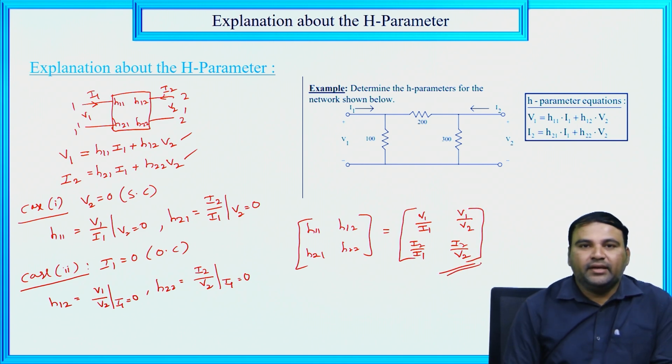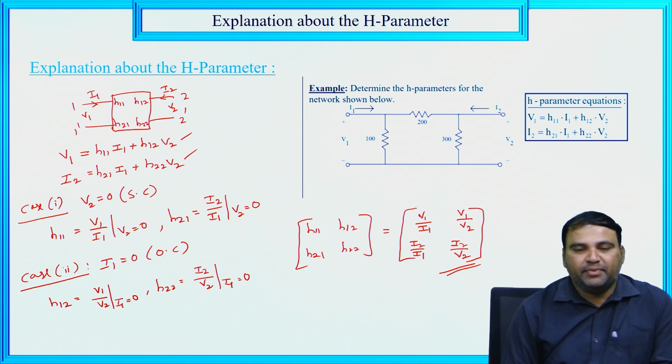These are the H parameters in matrix form, right? So this is the explanation of the hybrid parameter, or H parameter.